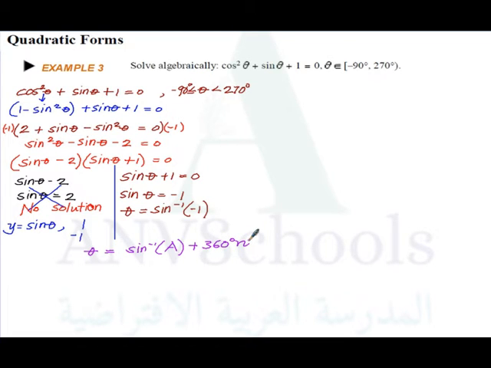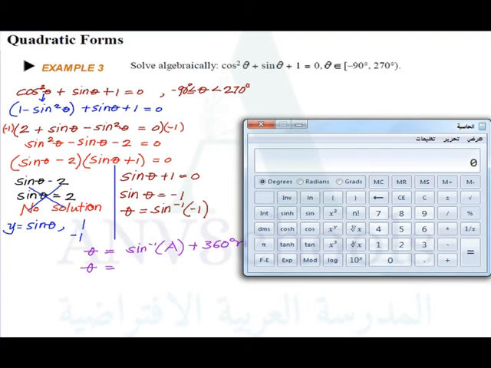So let's find our first solution. Arcsine of -1 will be equal to negative 90 degrees.